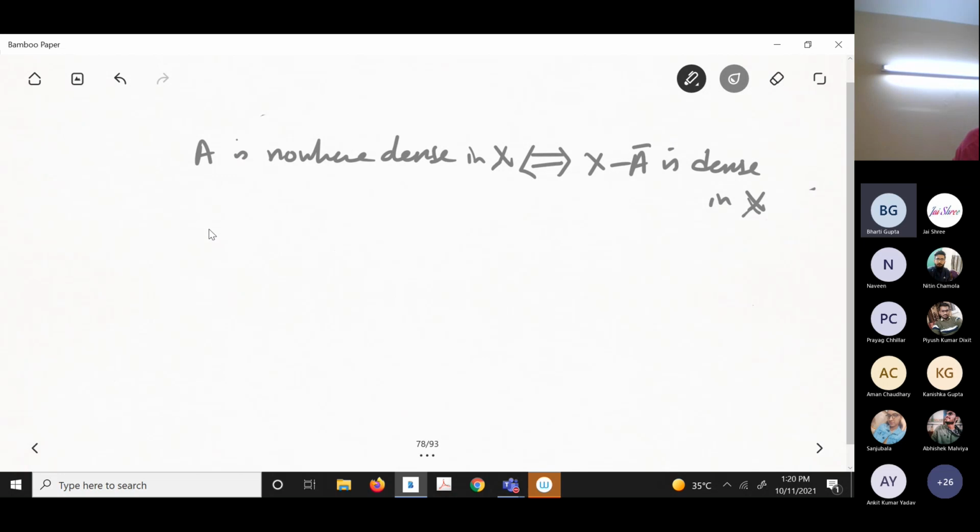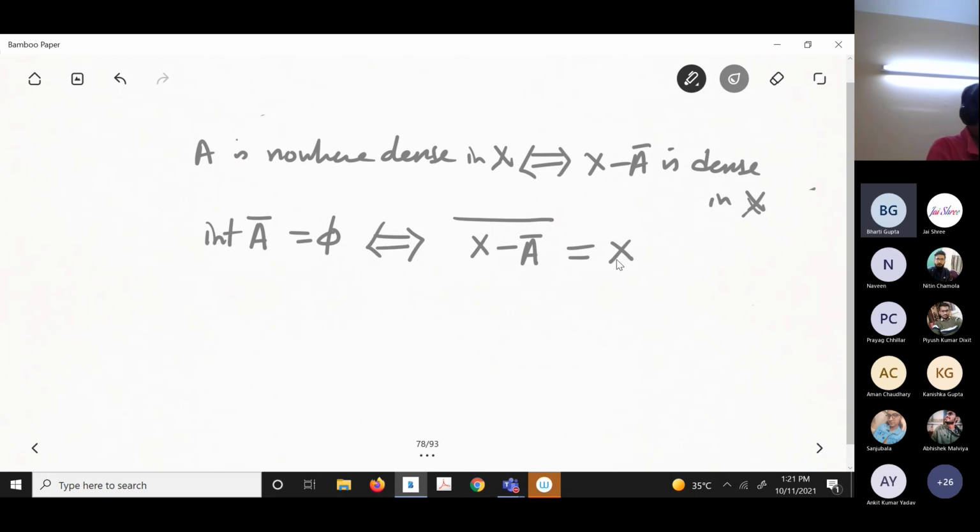So A is nowhere dense means the interior of A bar equals phi if and only if X minus A bar is dense, so the closure of X minus A bar equals X. I think you should be able to do it. It's not difficult. Here B implies C also is not difficult. I am not telling you that C implies A. It's a bit tricky. You should try to see that.